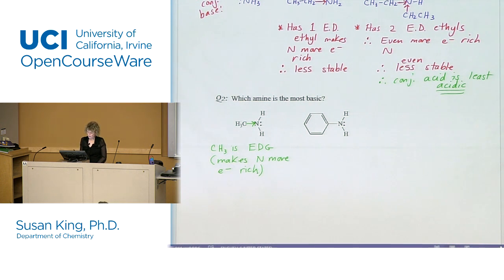This one over here, this aryl ring is an electron withdrawing group in two ways. Or we should say the aryl ring stabilizes the base in two ways. Number one is inductively.